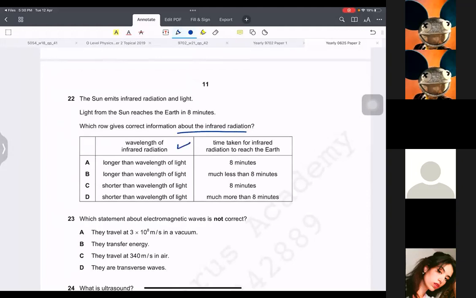Infrared radiation would have a longer wavelength than light. That is correct. And the time taken to reach Earth is the same 8 minutes because the speed of light is the same, right? It has to be A.